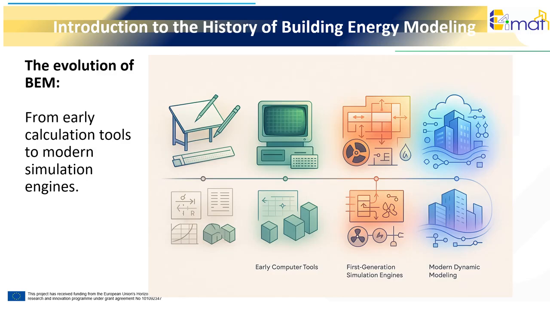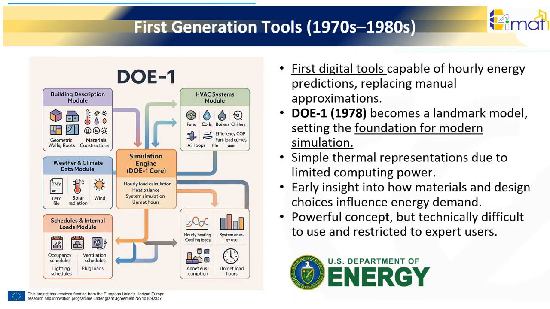influence efficiency and comfort. The first generation of digital tools, developed in the 1970s and early 1980s, marked a major step toward performance-based building design. One of the most influential was DOE-1, created by the U.S. Department of Energy.